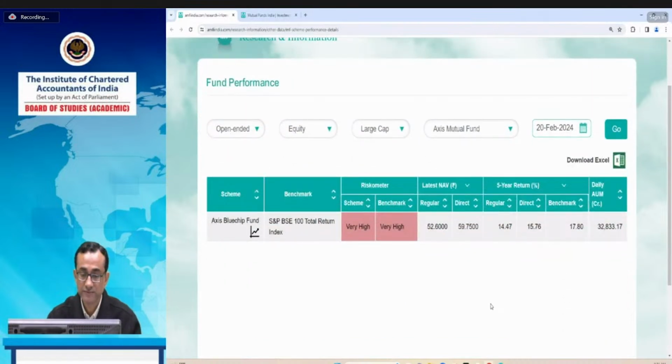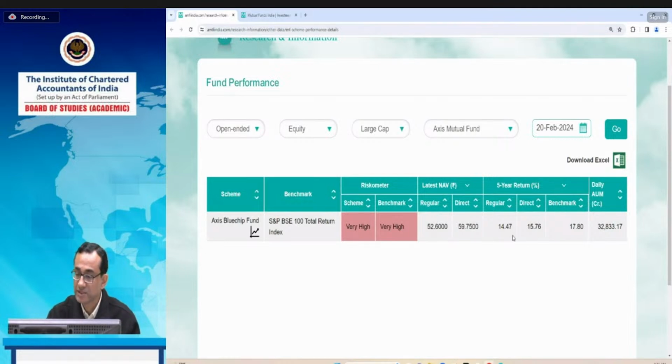Axis Blue Chip Fund. And one point I also want to highlight is the latest NAV in the case of the regular plan and the direct plan. You can see that the NAV of the direct plan is higher because of the lower expense ratio.